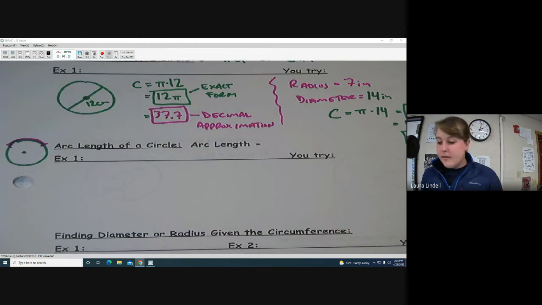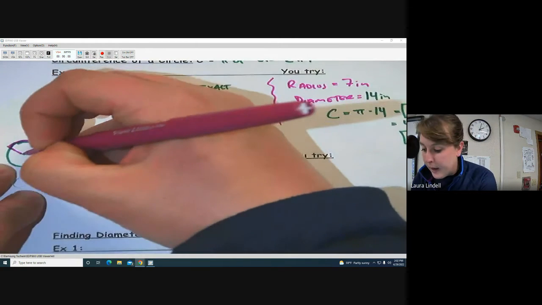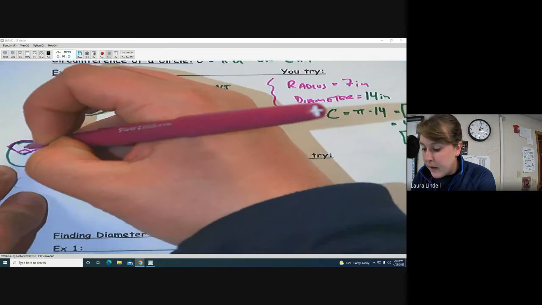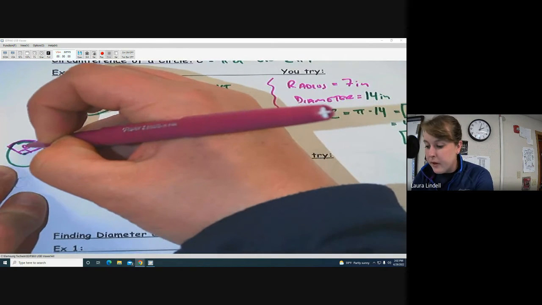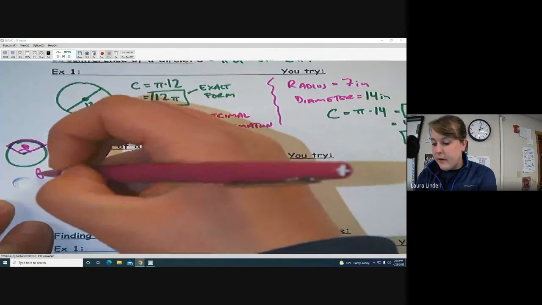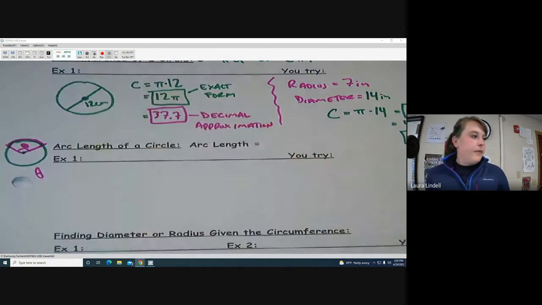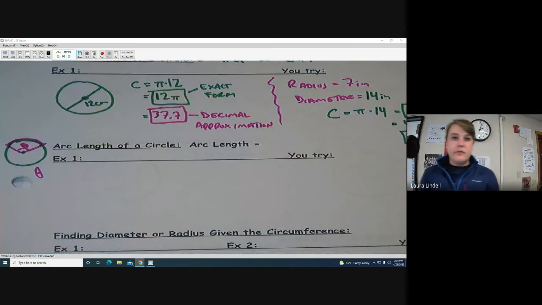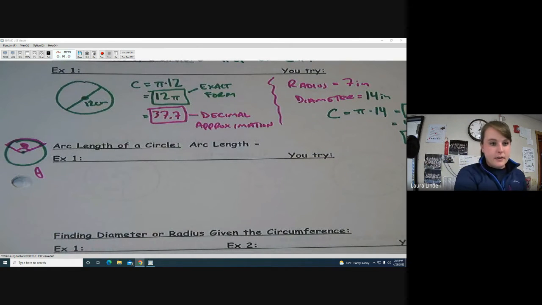And so arc length is always defined by an angle. So I'll be given some kind of angle here in the middle. Usually it's defined by some angle theta. It's a Greek letter, and it's usually used to represent angles.